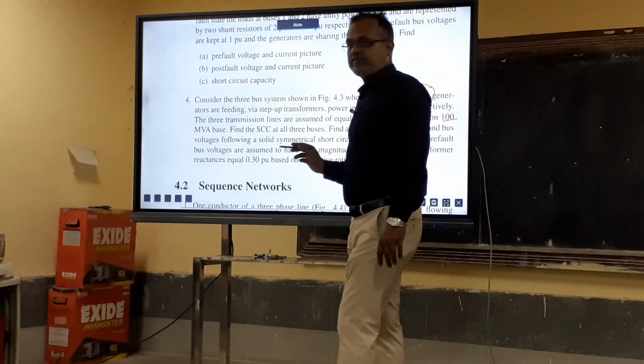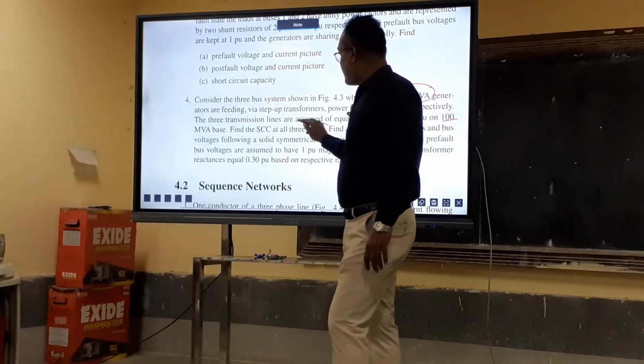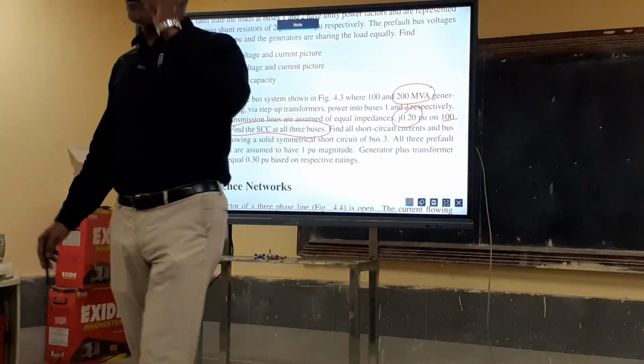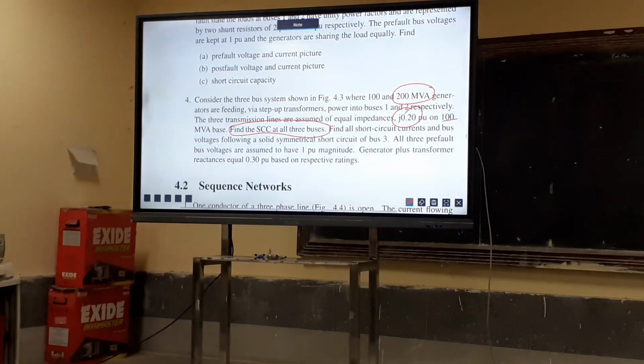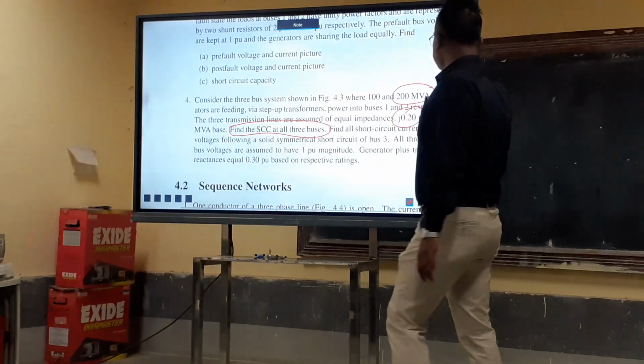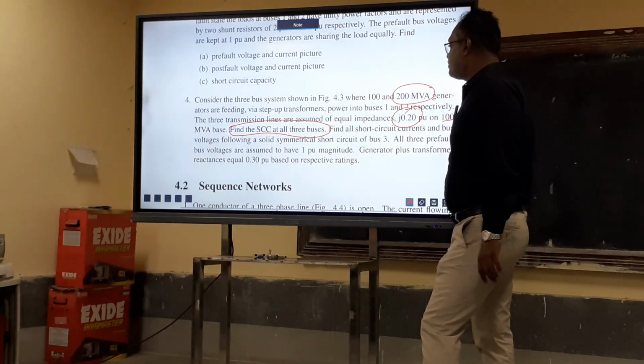So what is generally asked in short circuit studies? It says find the short circuit capacity at all the 3 buses, how much is the maximum value of the fault current, and hence the corresponding fault MVA. Then after that, find all the short circuit currents and bus voltages following a solid symmetrical short circuit at bus 3.